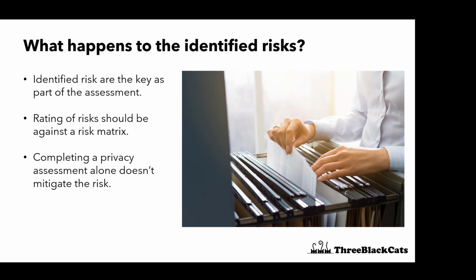Okay, so it needs to line up, because when it goes up to your executives, they're going to want to balance the privacy risk with maybe a business imperative risk, first mover advantage risk, etc. And they'll be making those trade-offs. So it's really important that you have rated similarly so that they can make those trade-offs easily.